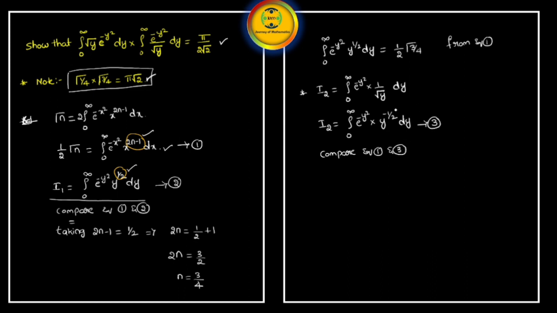Equation 1 and 3: in the place of 2n minus 1 we have minus 1 by 2.